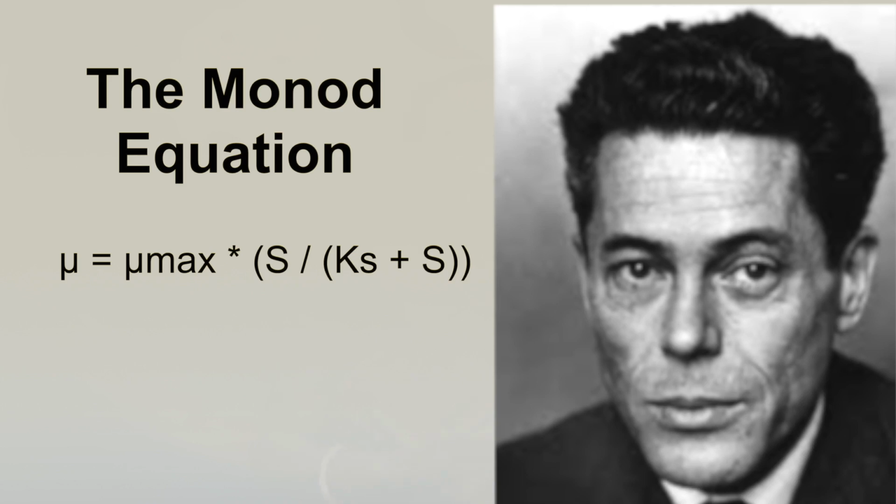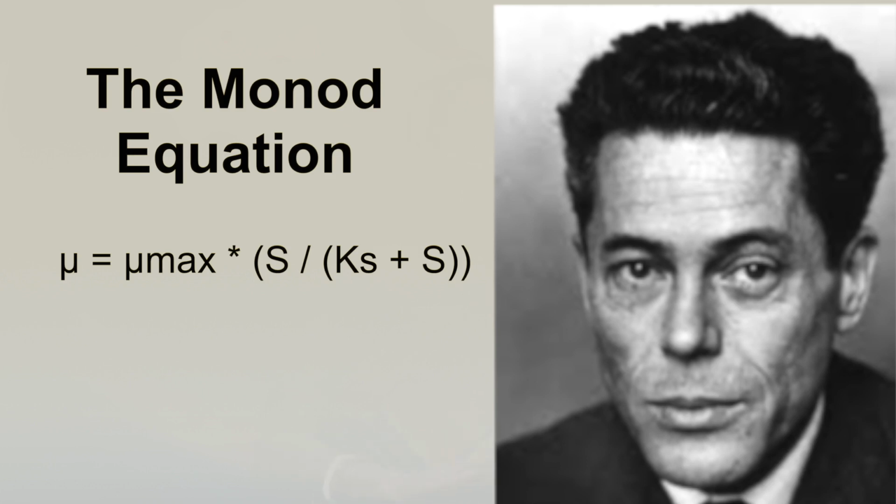S is the concentration of the limiting substrate or nutrient in the environment. Ks is the Monod constant, where it represents the substrate concentration at which the specific growth rate is half of the maximum rate.